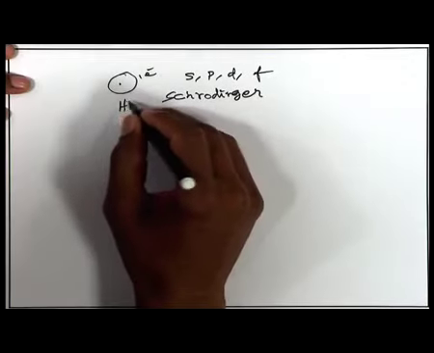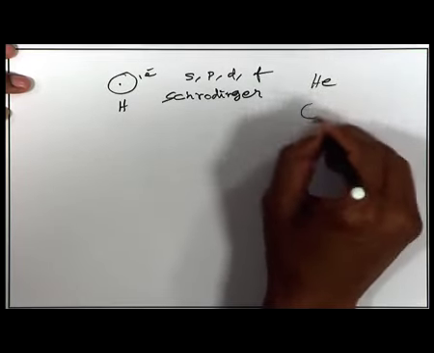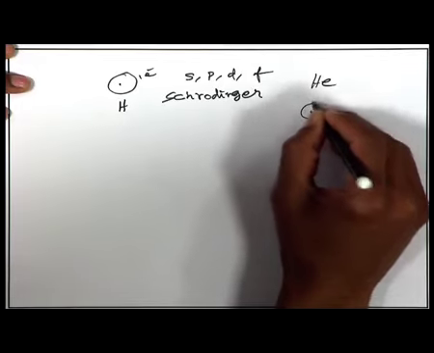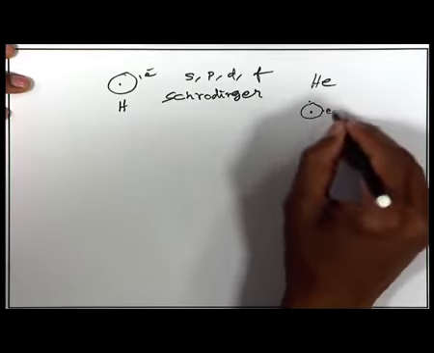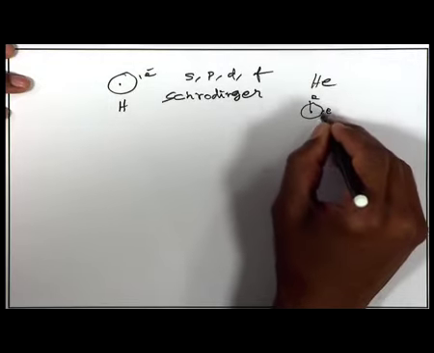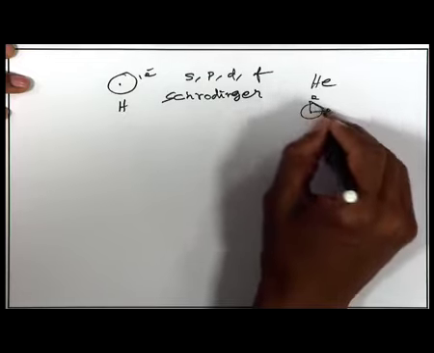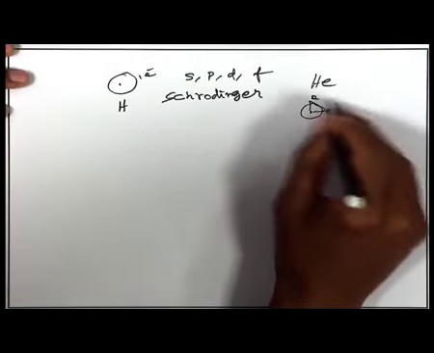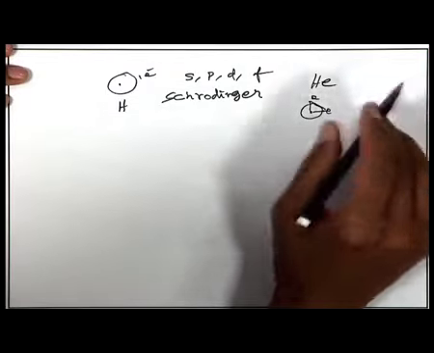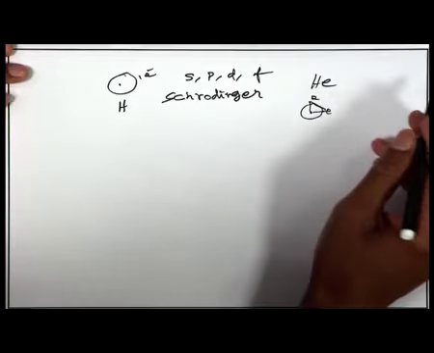When you go from hydrogen to helium, you have a nucleus and two electrons. This electron is attracted by the nucleus, that electron is attracted by the nucleus, and there is also a repulsion between the two electrons. So, it is a three-body problem which cannot be solved exactly. That is why we went for an approximate method.